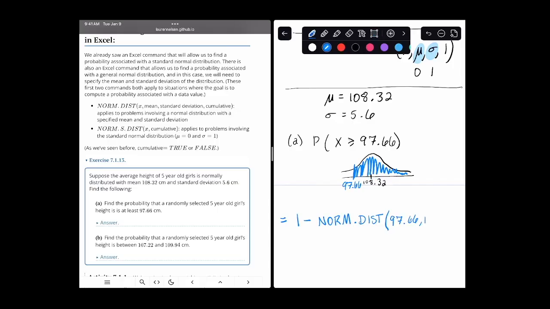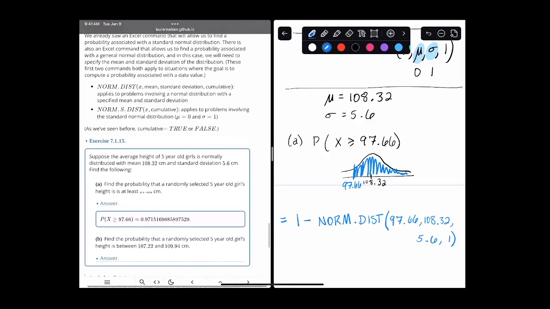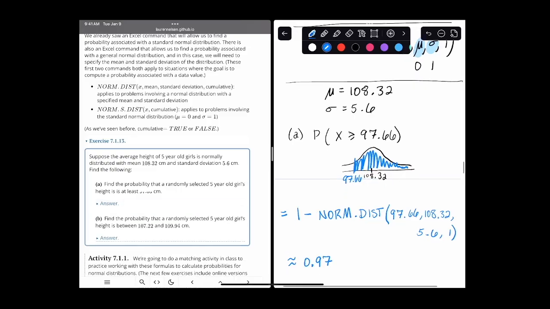My mean is 108.32. My standard deviation is 5.6, and then at the end I'll put 1 for true. So this whole thing would give me that area to the right. And if we plug this into Excel, we should get something that's a little bit bigger than 97%, so a little bit bigger than 0.97.